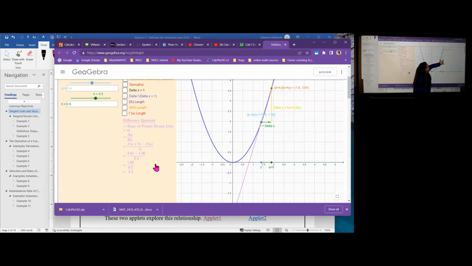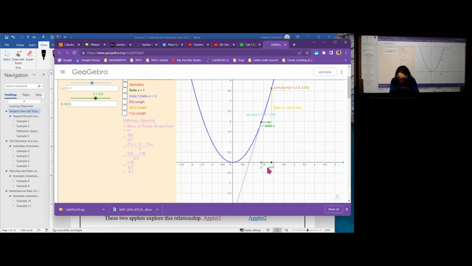The slope of the secant line is given by the ratio of the change in y divided by the change in x, which he's computed for you here as 3.3. Now the question is, what happens if we move that x value closer to our a value?